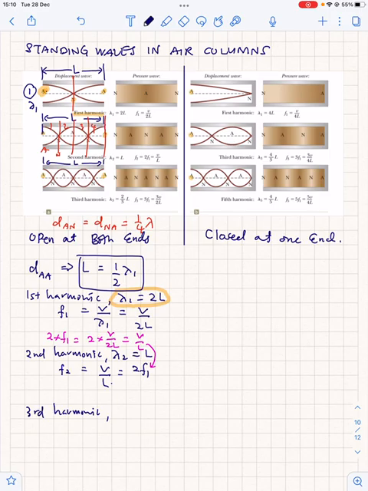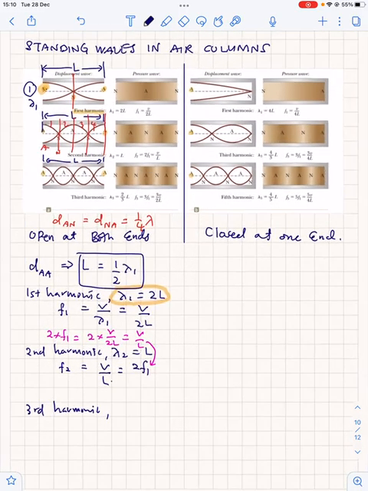Another way, we can illustrate. For example, this is the shape of the first harmonic. The second harmonic will be double of the first. This is the second harmonic, the same as what we have here.